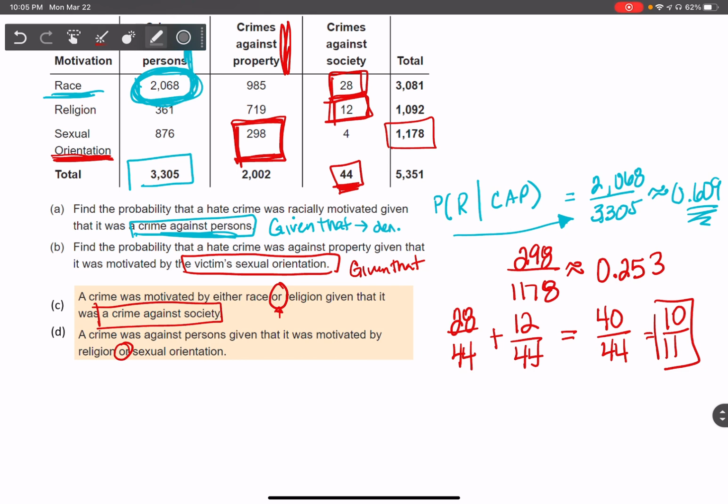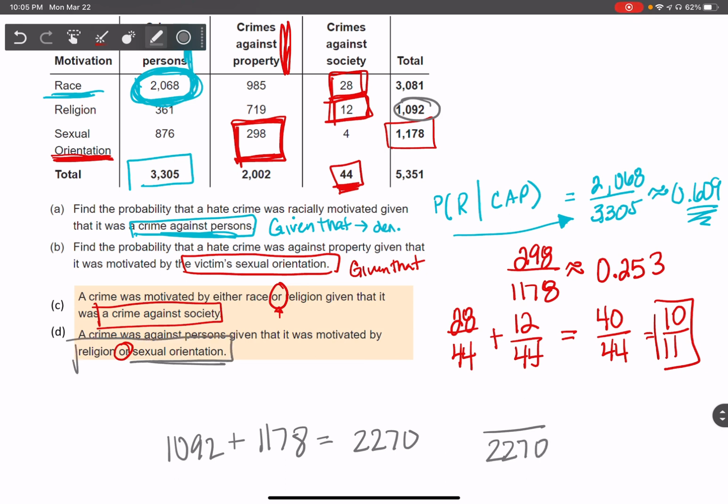So our total for religion was 1092. Our total for sexual orientation was 1178. I'm going to add those up first to get 2270. So now that's going to be my denominator. So my given that 2270, once again, because it says given that it was motivated by religion or sexual orientation, and we're looking at a crime was against persons.